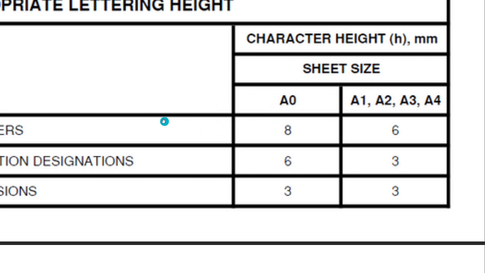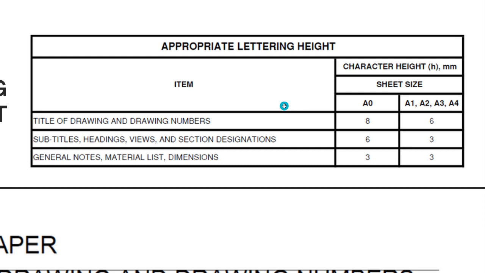Based on our character height, when you have paper sizes A1, A2, A3, A4, the height of your characters for the title of the drawing would be only 6 mm, whereas for an A0 paper it is 8 mm.